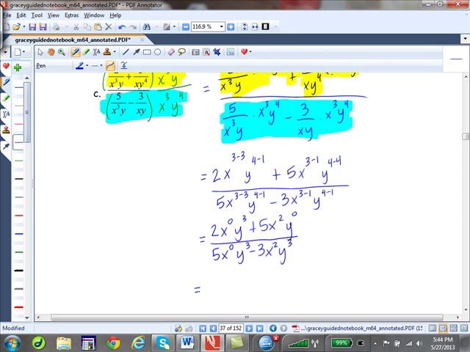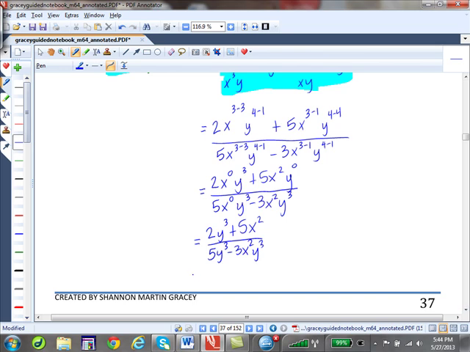So most anything raised to the 0 power is 1. So this simplifies to be 2y cubed plus 5x squared over 5y cubed minus 3x squared y cubed.